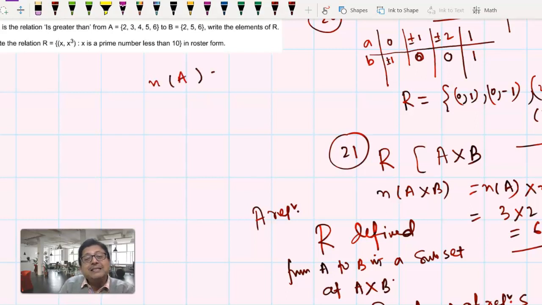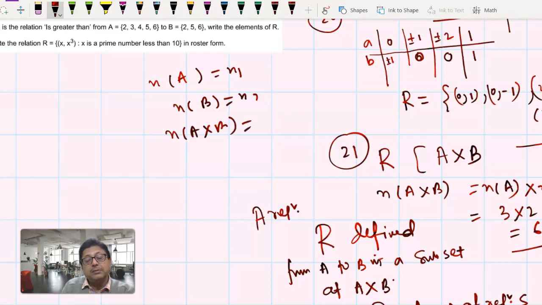Suppose number of elements in set A equal to n1, number of elements in set B equal to n2. N A cross B will be what? N1 cross N2. Isn't it? Number of elements in A cross B equal to N1 into N2.